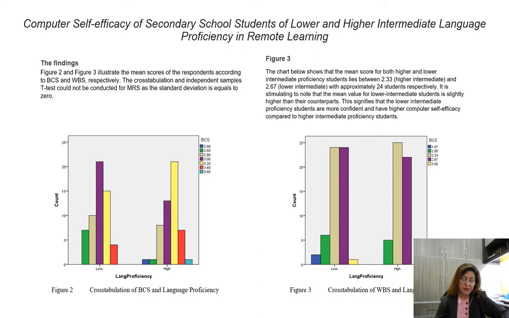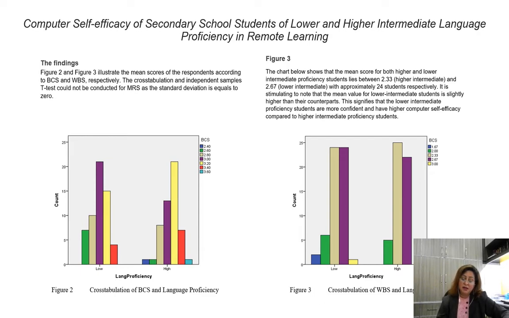Figure 2 and Figure 3 show the mean scores of the respondents according to basic computer skills and web-based skills, respectively. The cross-tabulation and independent sample t-test could not be conducted for media-related skills as the standard deviation is equal to 0.